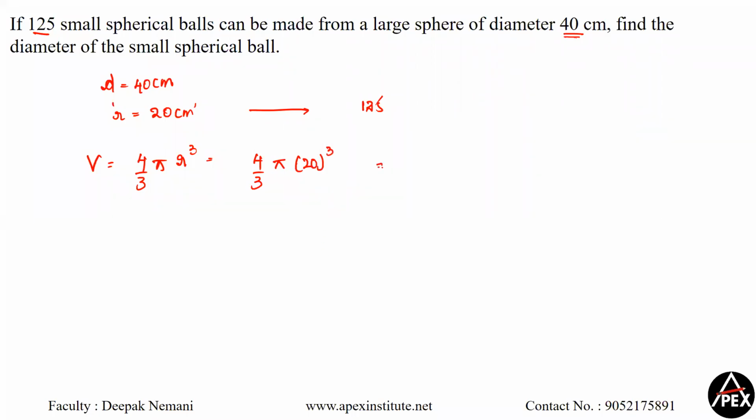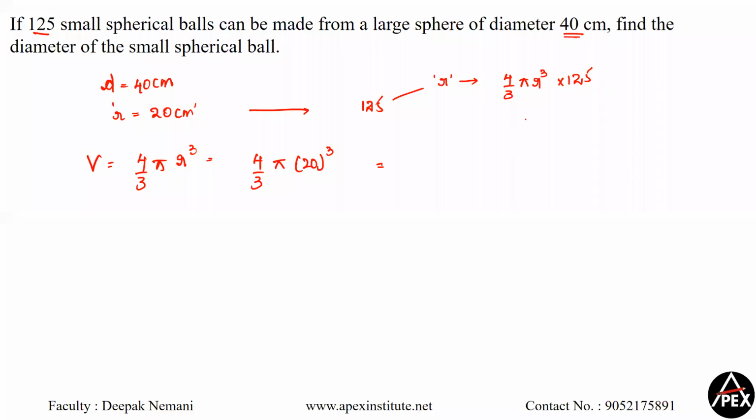Okay, and this will be equal to, now if I assume that the radius of each small spherical ball be r, then what will be the volume of each spherical ball? 4 by 3 pi r cube. And we have 125 balls of this kind, isn't it?